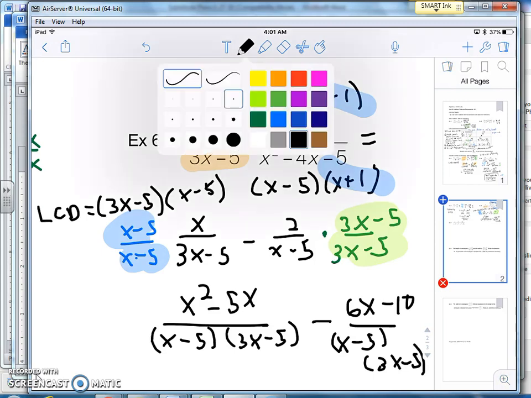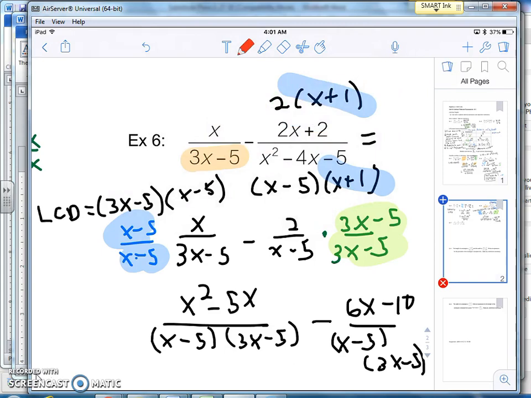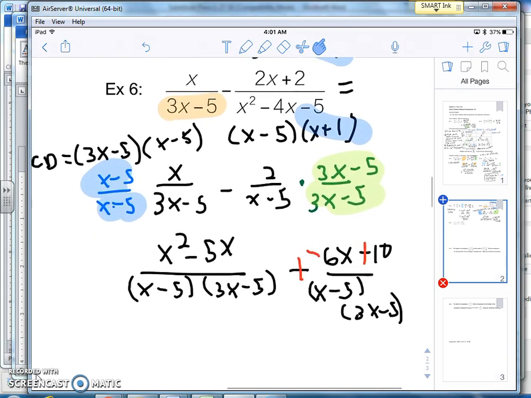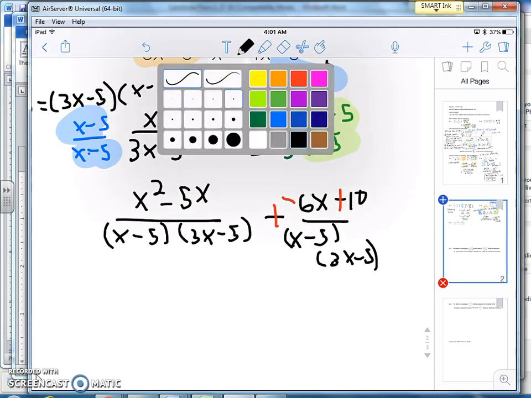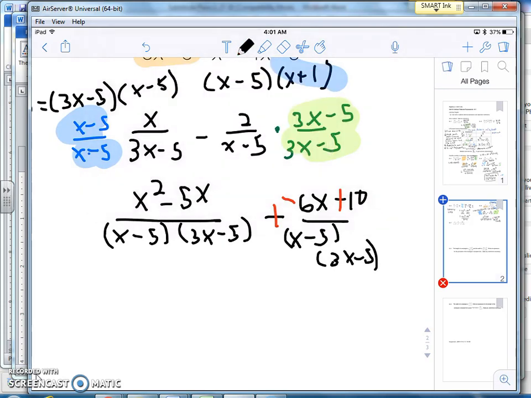Now, instead of subtracting, I would rather add the opposite, so I'm going to change that to addition and change these signs. And then I'm going to combine my like terms. So x squared has no like terms. Negative 5x, negative 6x is going to be minus 11x plus 10.